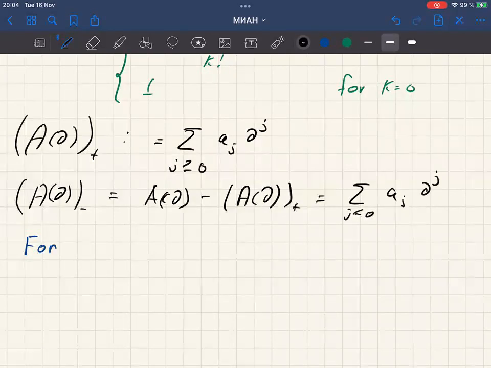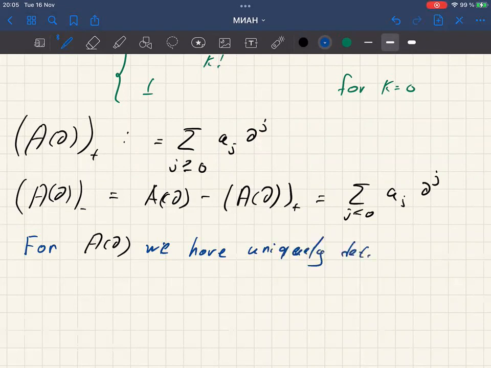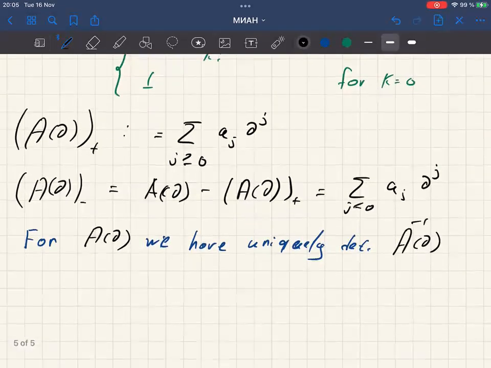Okay, for A we have uniquely determined the inverse.